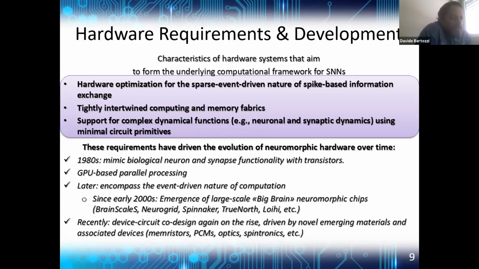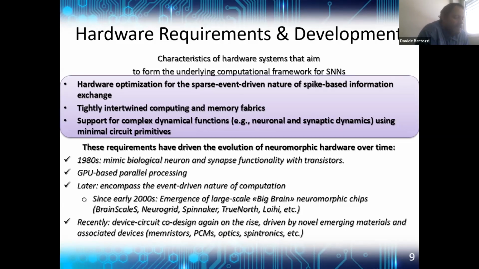In the early 2000s, such research efforts facilitated the emergence of large-scale neuromorphic chips, such as SpiNNaker from the University of Manchester, IBM's TrueNorth, or Intel's Loihi that we will review in this presentation. These so-called big brains chips are distinguished by integrating millions of neurons and synapses that render spike-based computation.